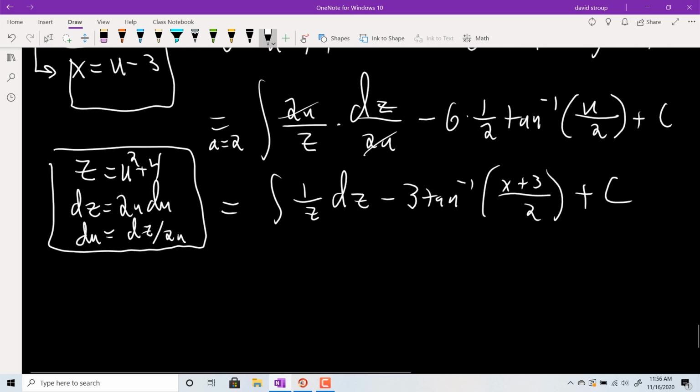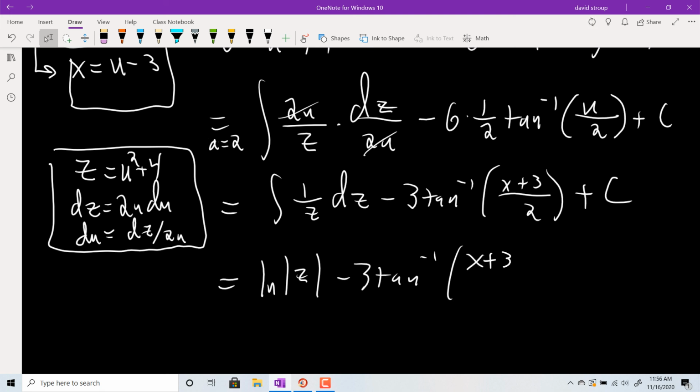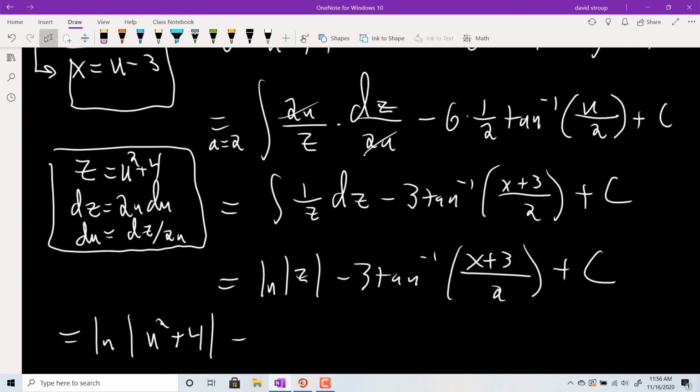And then ln, that's our integral from the previous section, ln of the absolute value of z minus 3 tan inverse of x plus 3 all over 2 plus c. Then back sub for z, ln of u squared plus 4 minus 3 tan inverse of x plus 3 all over 2 plus c.